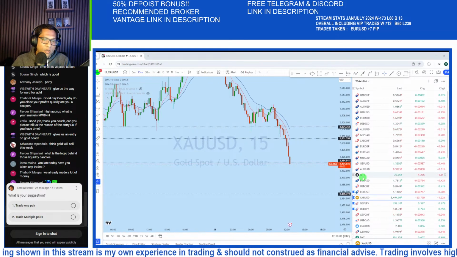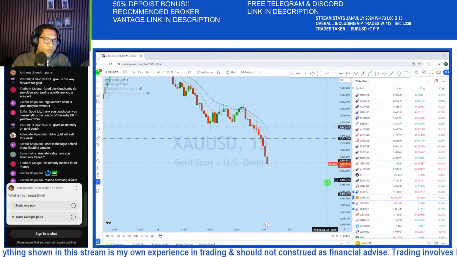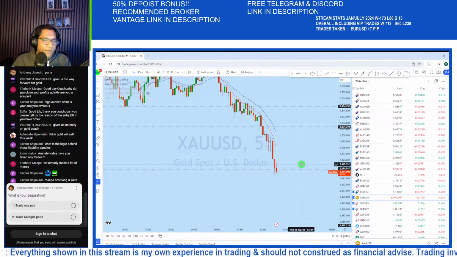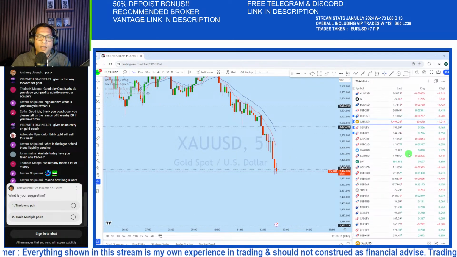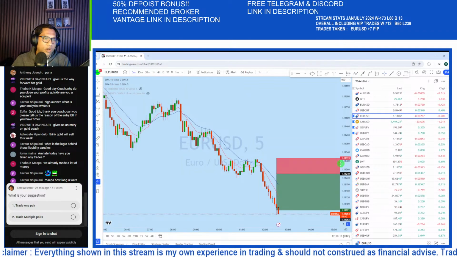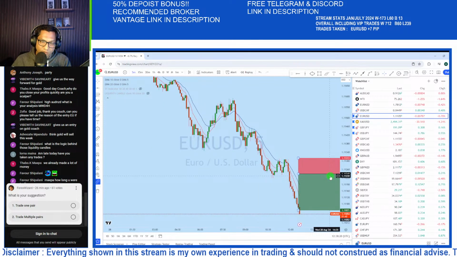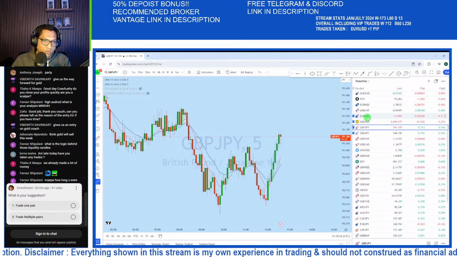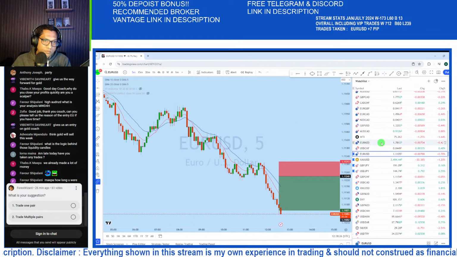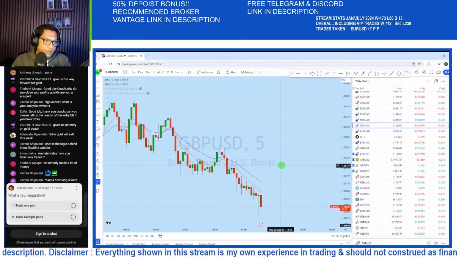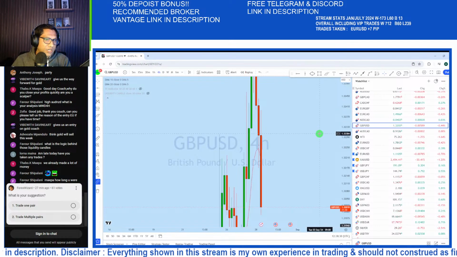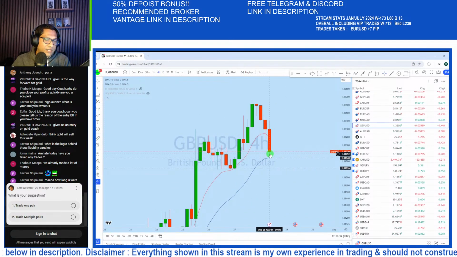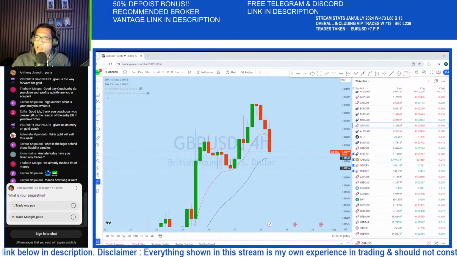So now I'm waiting for gold for an entry on the higher time frame price action confirmation. Along with that, we see euro dollar ultimately drop back to that support level. GBP had a bounce. So GBPUSD, as I mentioned in the past, started to drop, and we might see it dropping back to that support level again.